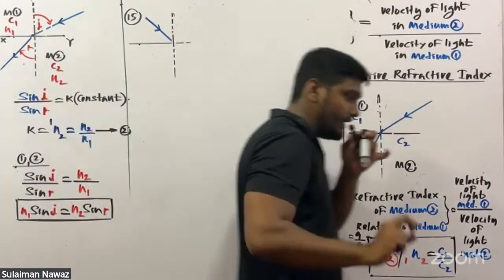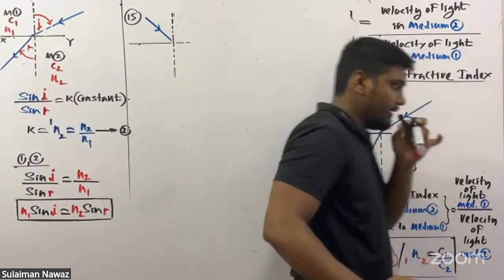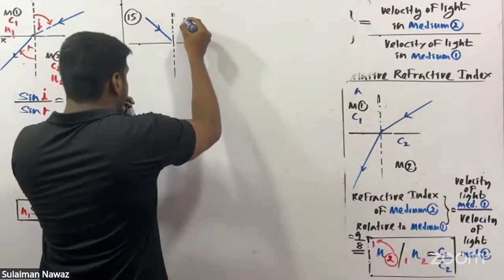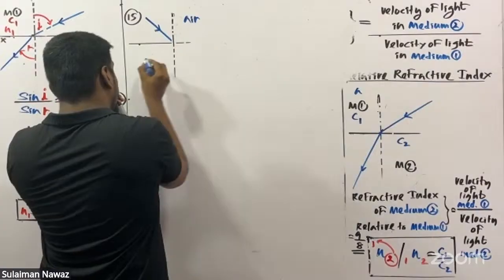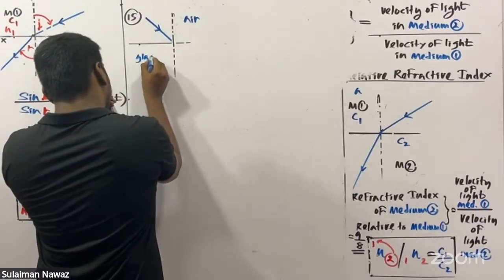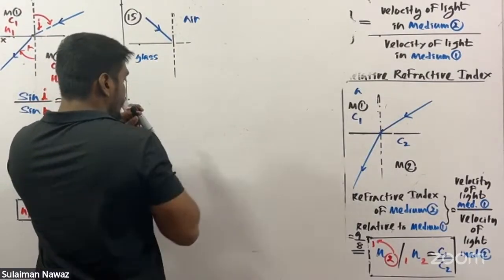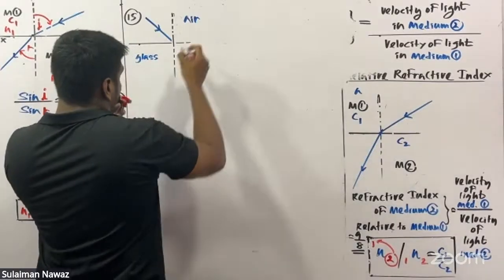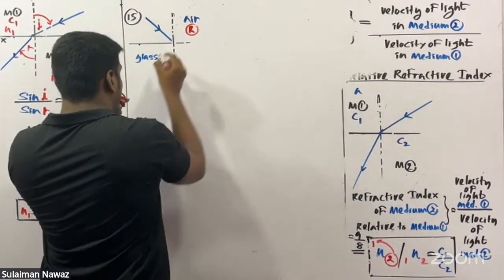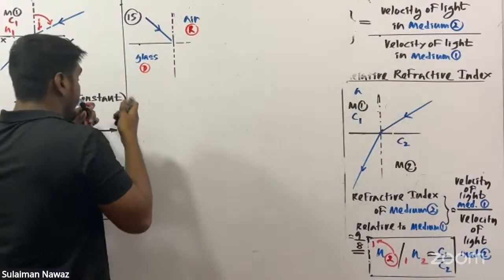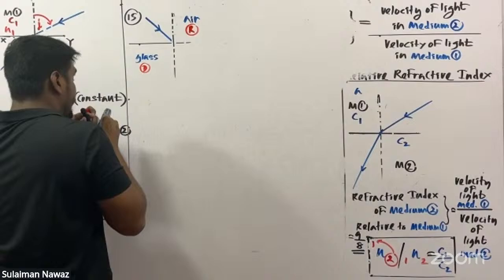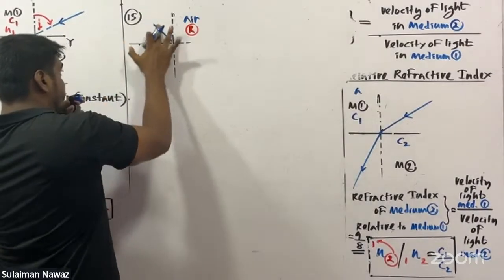That light ray is entering from air to glass. Air is rare medium. We all know air is rare medium. We all know glass is dense medium. Mention that. Air is rare medium. Glass is dense medium, capital D. Right? Then just now we learned that when a light ray enters from rarer to denser, the light ray bends towards the normal.